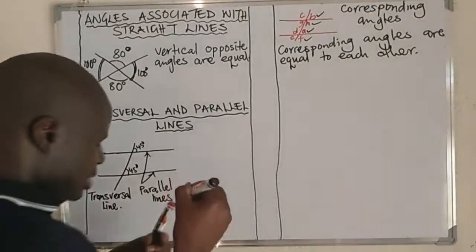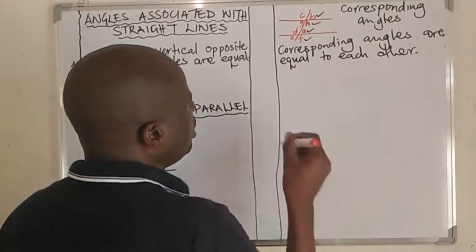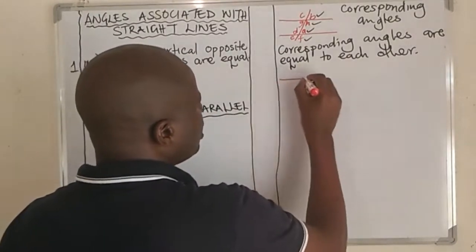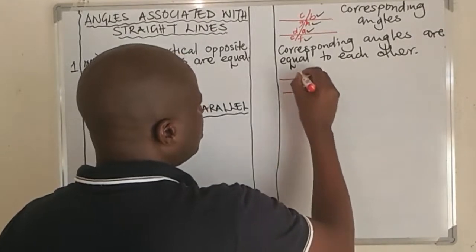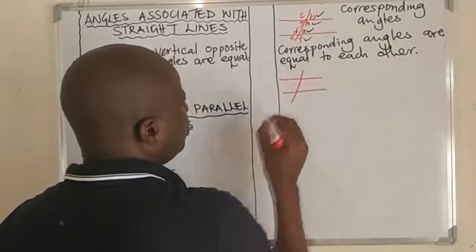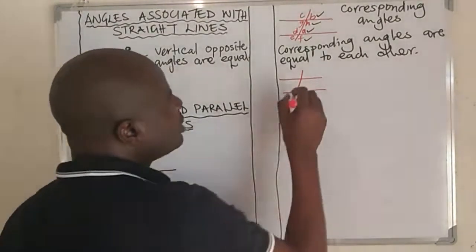Okay, then let's go to the second one. Let me draw this second one. Okay, now on this one we are saying alternating angles.